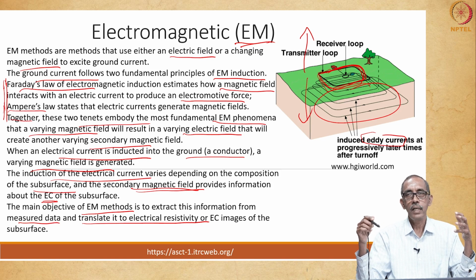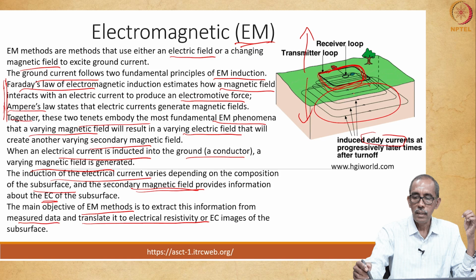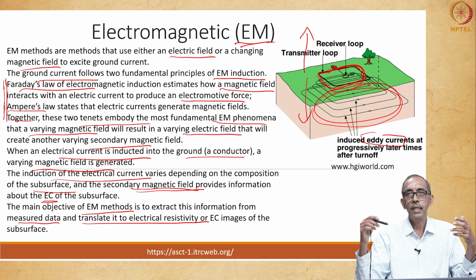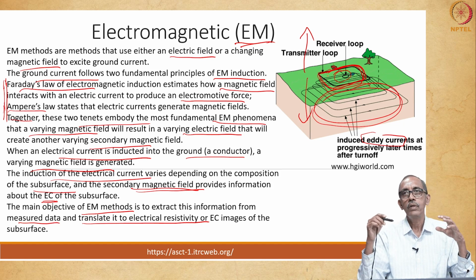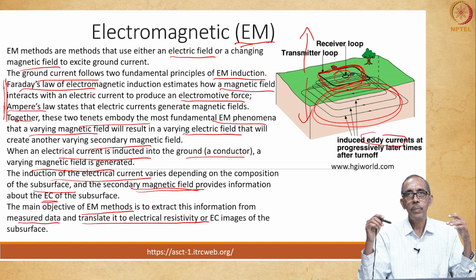excite the subsurface. By excitation, the subsurface beneath the surface, when it is a conductor, most likely the subsurface of the ground is a conductor, produces eddy currents, right. These eddy currents are also measured by a receiver loop, right. We will have a receiver loop. The way in which we arrange the transmitter loop and receiver loop can be done in several ways.